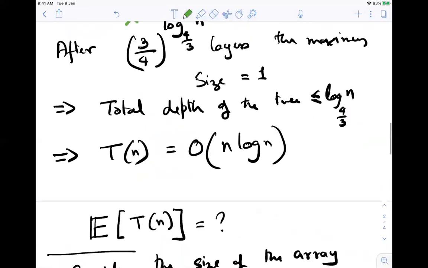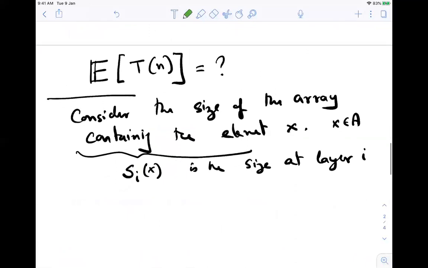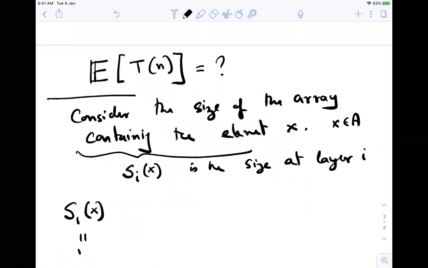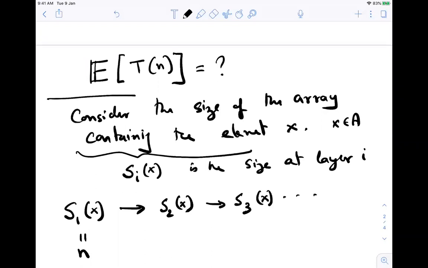What do I have? Initially you had S_1 of x, which was the whole set, and this is equal to n. Then next time it got split up into two parts, and it became S_2 of x. It's something smaller than S_1 of x, I know that, but I don't know anything more than that. I cannot guarantee you anything. Then similarly S_3 of x and so on, it goes down.